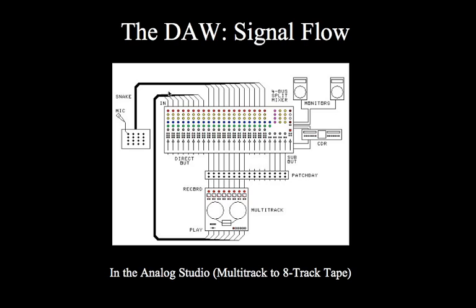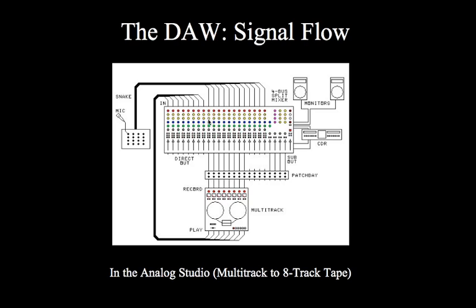So say that I'm singing into this mic. The sound of my voice is being converted into an electrical signal. It's going through this cable. Now it's going down this channel, or what we would call a channel strip, and it's going in sequence. The first knob is typically going to be a preamplifier, so I can adjust the gain on the input there.